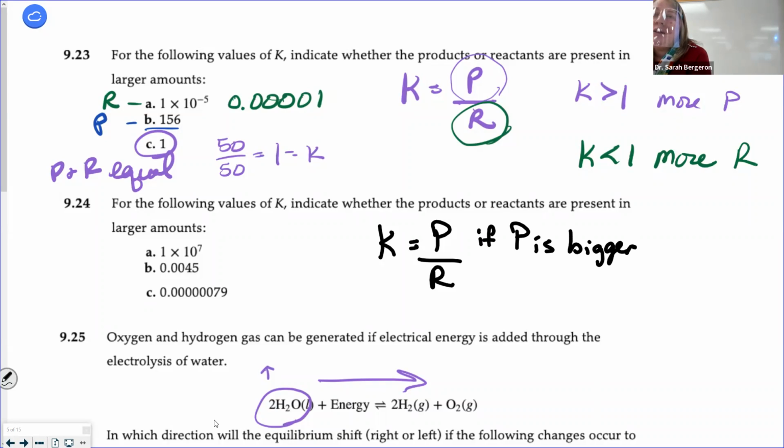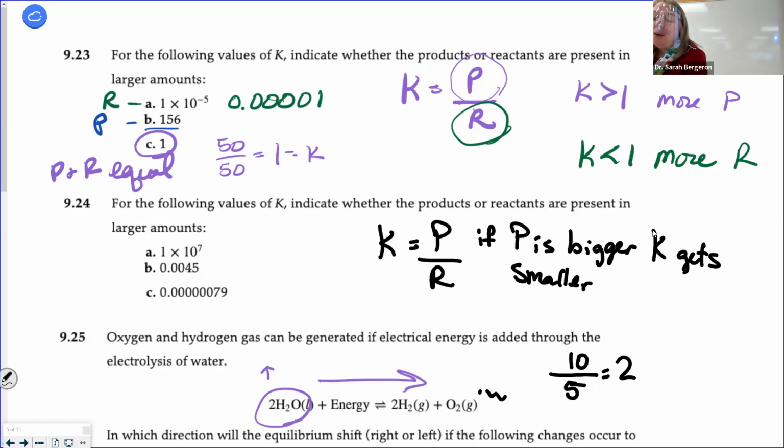It gets what? I hear it, say it. It gets bigger. That's like saying you have 10 divided by 5, right? What would you get?